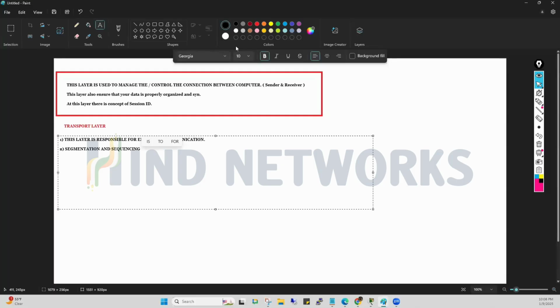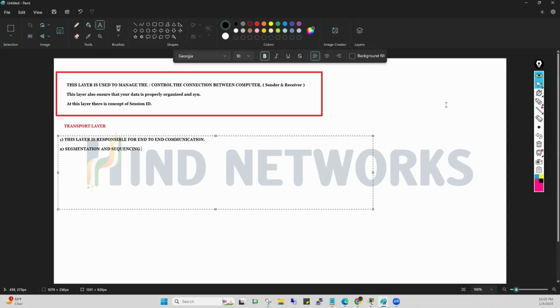I am not going to explain segmentation and sequencing again because in yesterday's class I already explained it. For example, if you are trying to send big data over the network, at layer number 4 your data will break into small chunks, and that is called a segment.